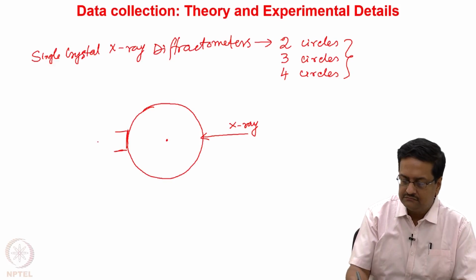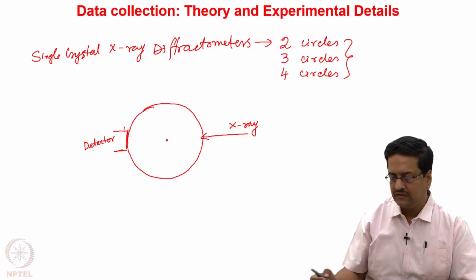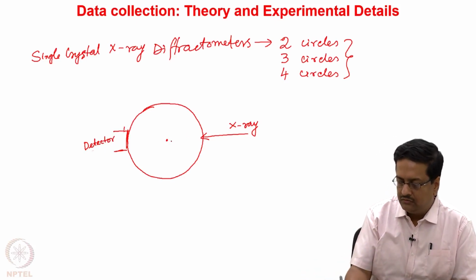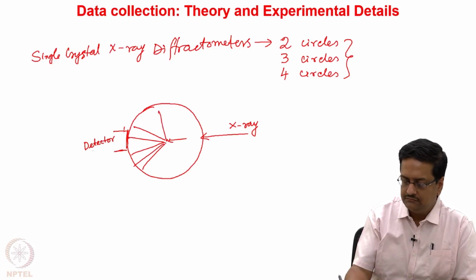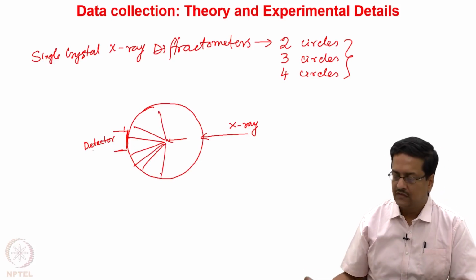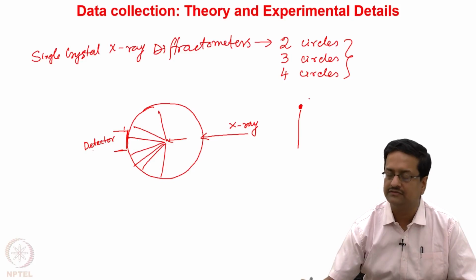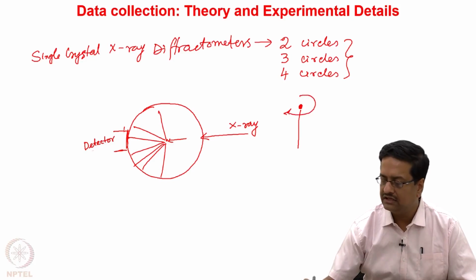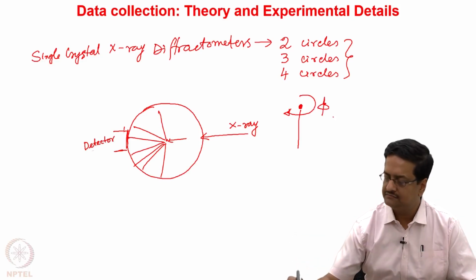That is a standard geometry of a diffractometer. When X-rays fall on the sample, they diffract in all possible angles. So if a crystal is mounted here on a loop or a glass fiber, and it is rotated about its own axis, that axis is called the phi axis.